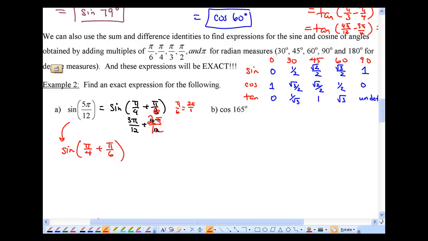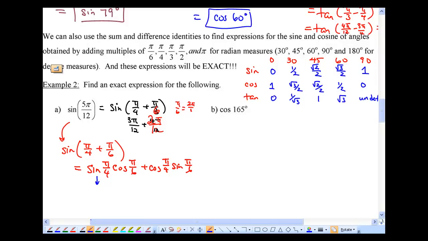So this is sine of a, which is pi over 4, times cosine of b, which is pi over 6, plus cosine of a, which is pi over 4, times sine of pi over 6. Now go to your special angle table and evaluate.